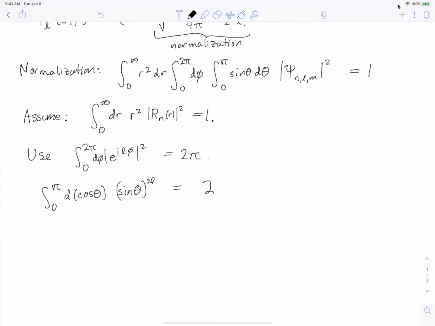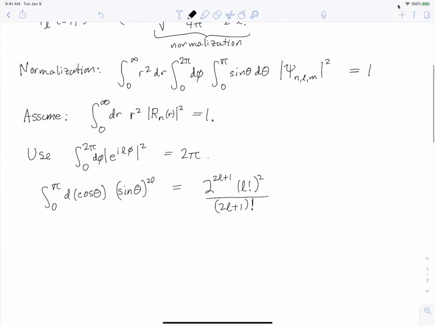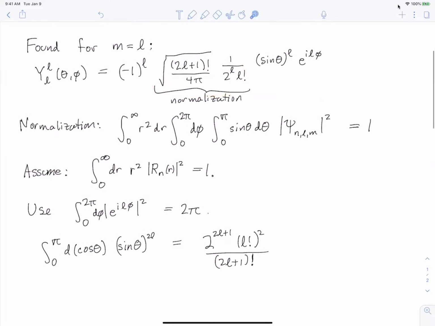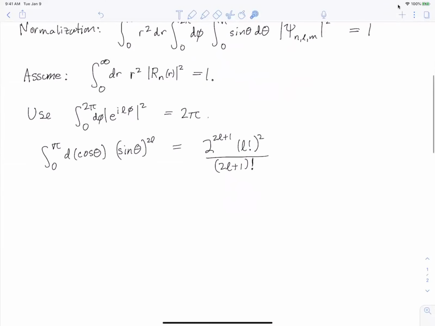So it turns out to be 2 to the 2L plus 1 times L factorial squared over 2L plus 1 quantity factorial. That's the result of doing that integral. And so if you plug all that information in, that's where this normalization factor comes about. Okay, so that's why that occurs.